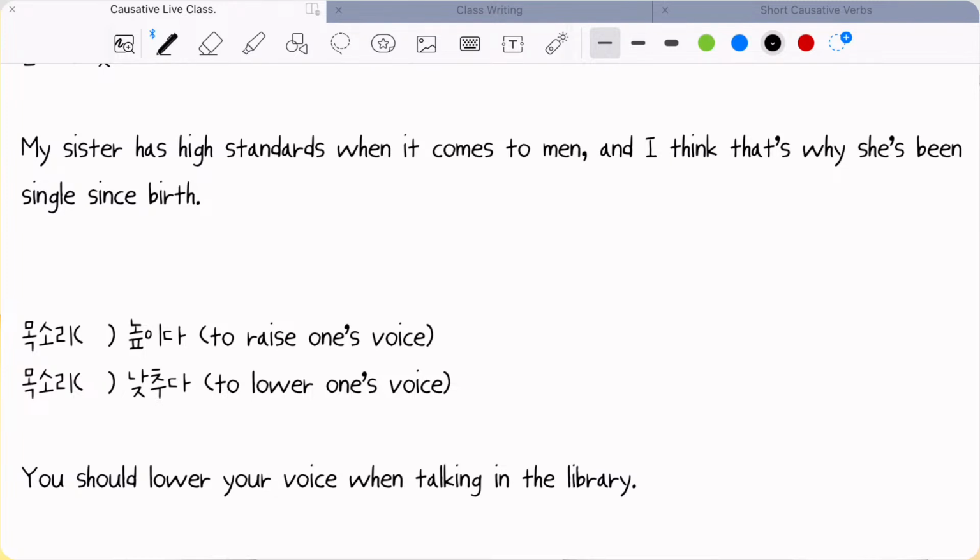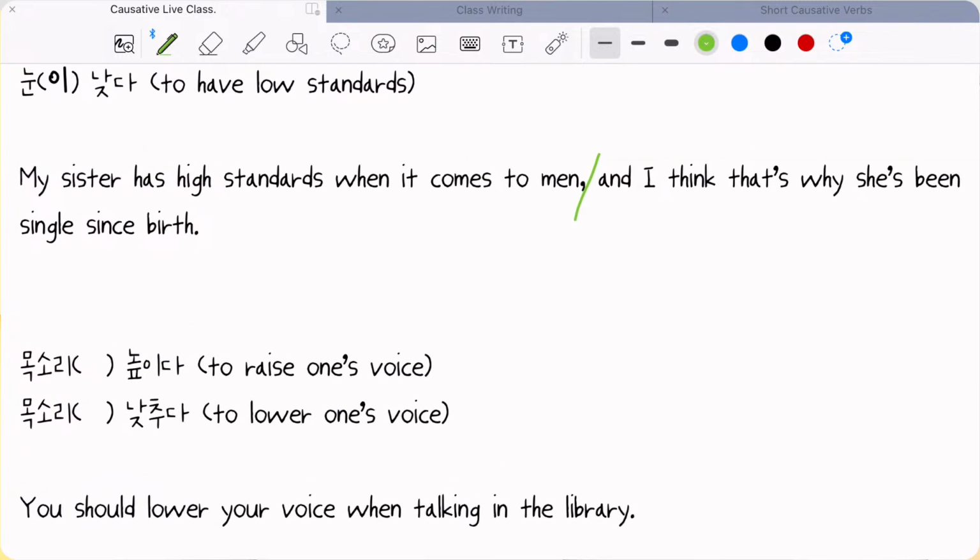So my sister has high standards when it comes to men, and I think that's why she's been single since birth. So there's a lot of idioms that we could use in this sentence. When you want to say somebody has high standards when it comes to men, we say 남자 보는 눈이 높다. 남자를 보다 or 남자 보다, basically to watch a man, as in to judge a man's character. 남자 보는 눈 means eye that looks at a man.